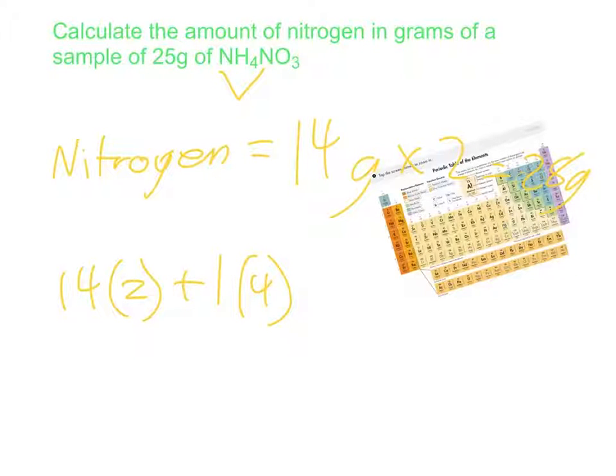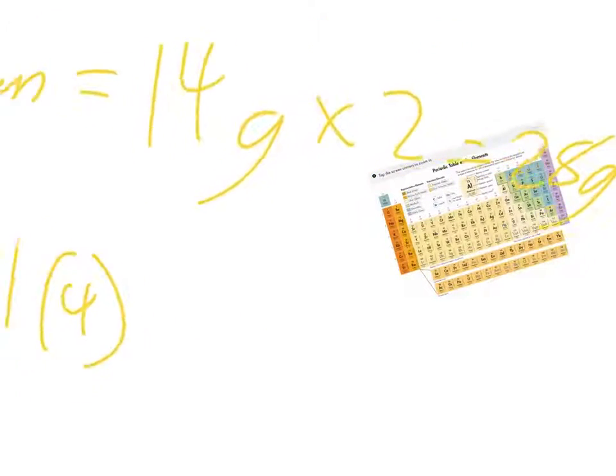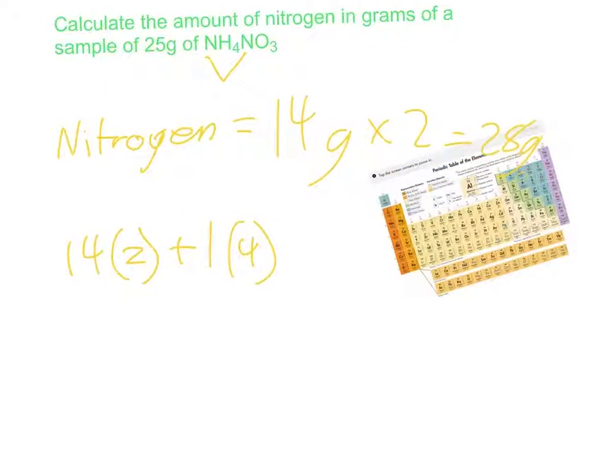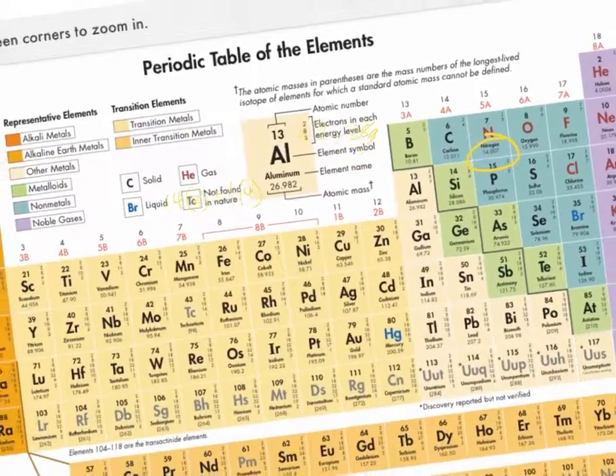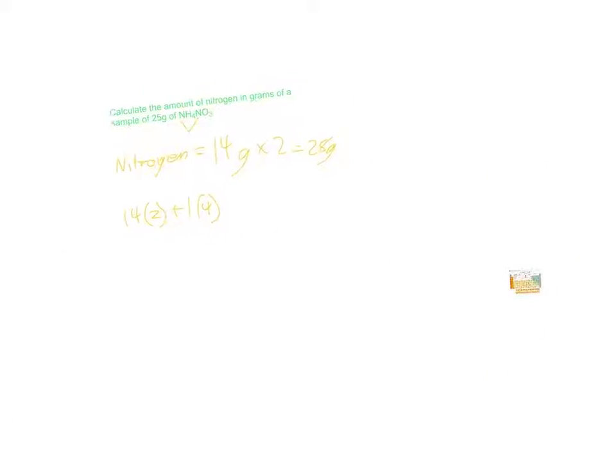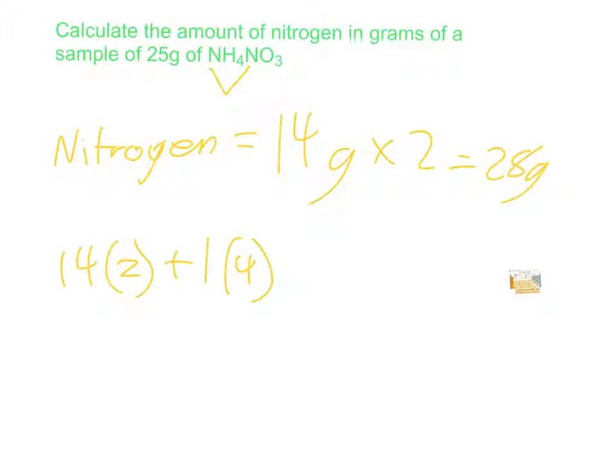And then oxygen, we can round that to 16. And you plus the 16, and then there's 3. And then this will be equal to 80 grams.